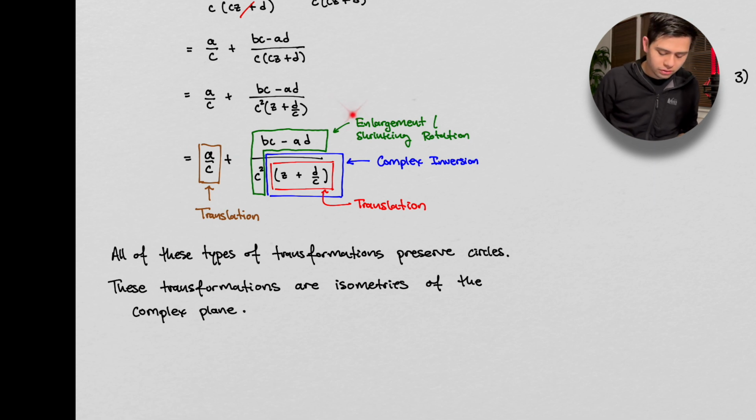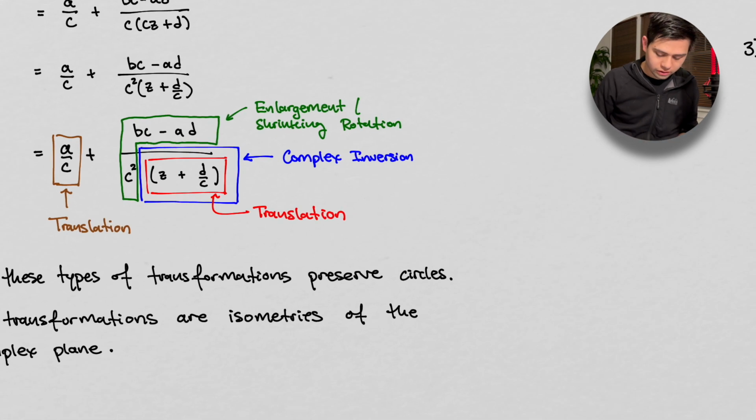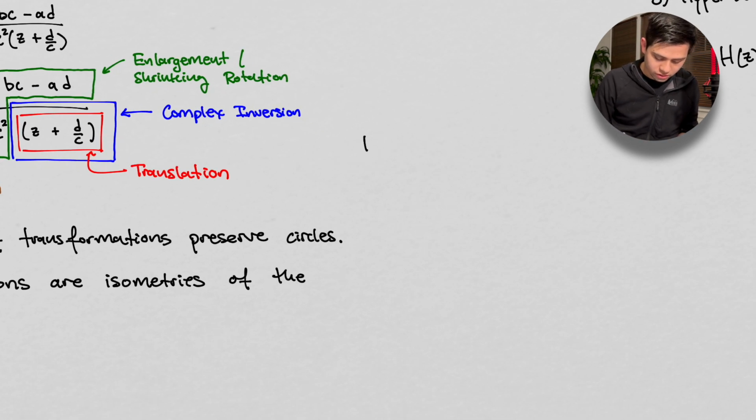So the Mobius transformation can be thought of as an isometry group. I'll write this down: isometry.